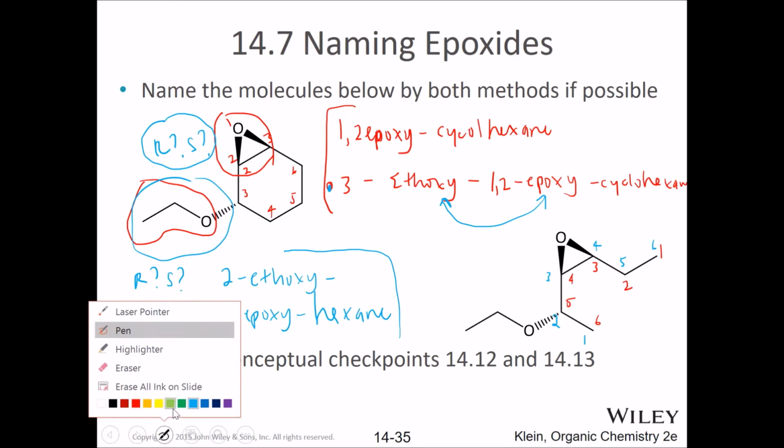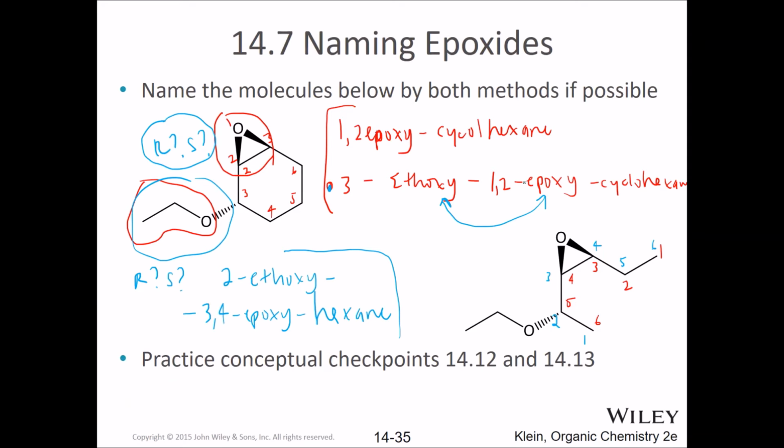I'm going to go with a different color here. Oh, I don't know. Is this getting too busy? Can you see it if I go with, will you be able to see a difference if I do blue? Let's name this as an oxyran. 1, 2, 3, right? So I can see it's going to be oxyran.